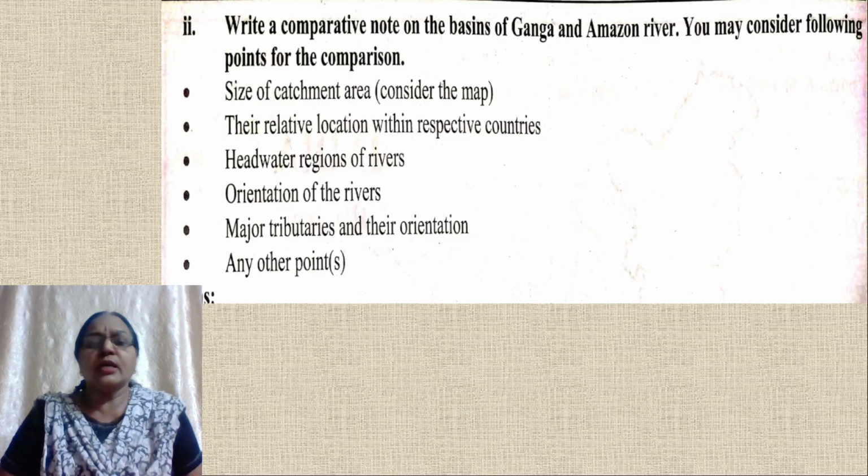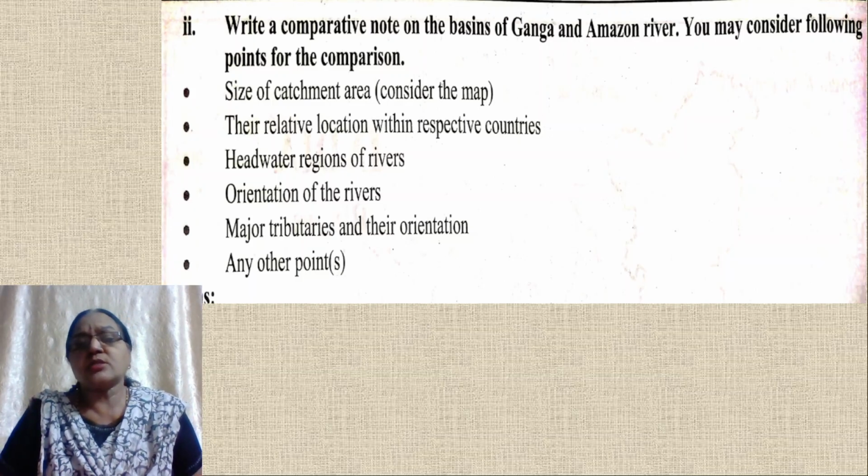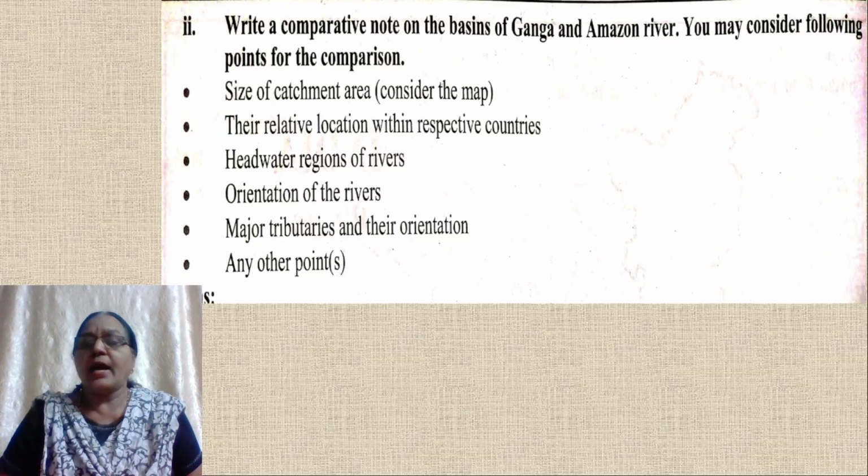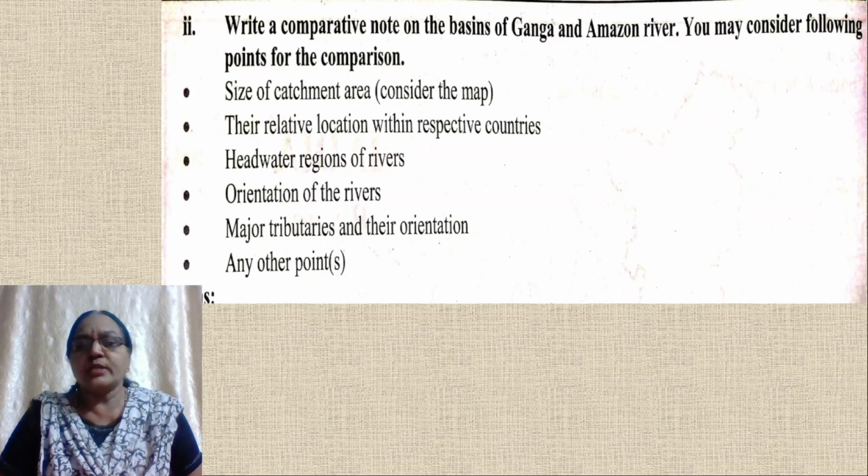Now, write a comparative note on the basins of the Ganga and the Amazon River. In India the Ganga is the longest river, and the Amazon is the longest river in South America, more or less in Brazil.